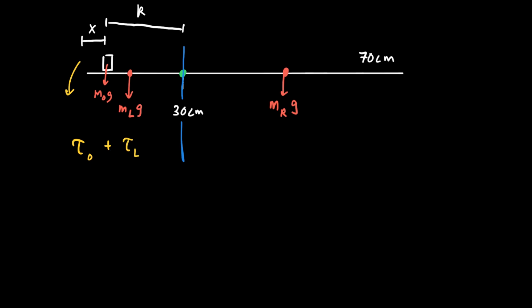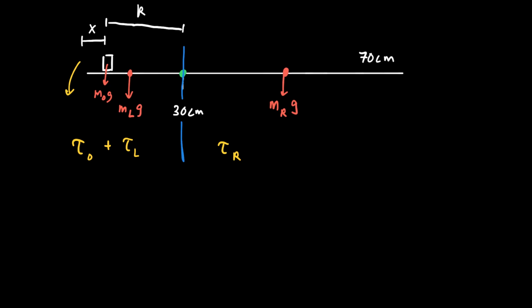Those two things are causing the system to rotate counterclockwise. On the right-hand side, I have a torque due to the right side of that meter stick. And so, to me, it seems like physically it makes a little bit more sense to handle the problem this way, although it does make the solution a little bit more difficult, because now, of course, I've got to work with 3 torques instead of 2.